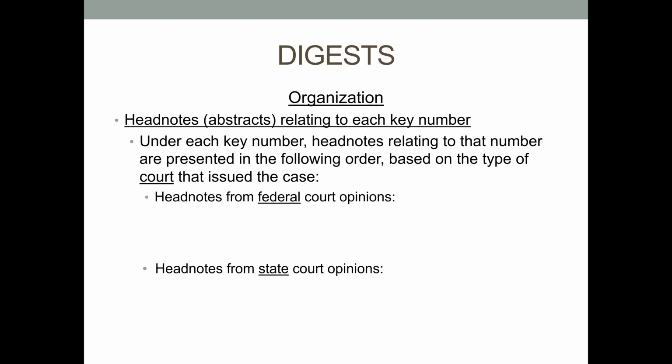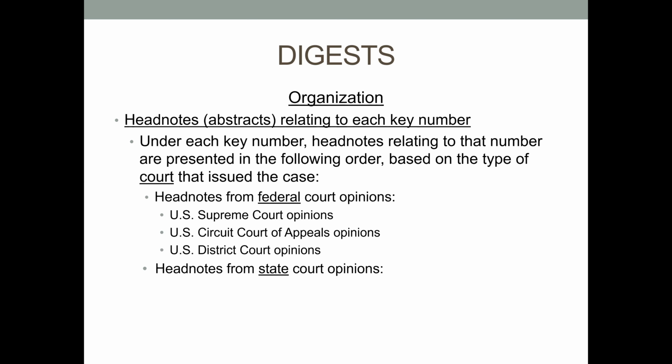Now, within the federal court opinions, if there are any U.S. Supreme Court opinions with that headnote, those go first. Then the U.S. Circuit Courts of Appeals opinions headnotes, if any, go next. And then the federal trial courts, the U.S. District Court opinions headnotes, if any, go next.